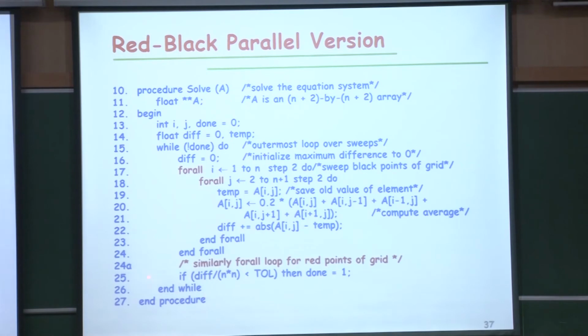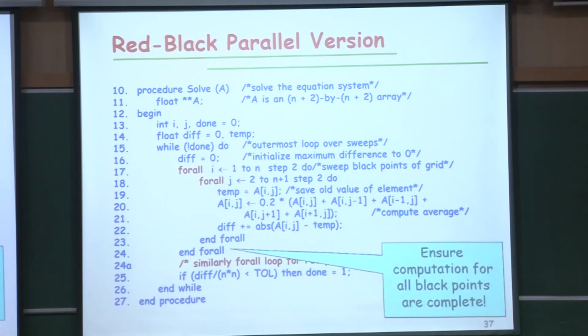So, somehow you have to put some synchronization here, which would ensure that these n squared by 2 parallel subtasks are all complete before you start the next n squared by 2 parallel subtasks. That is really what is needed.